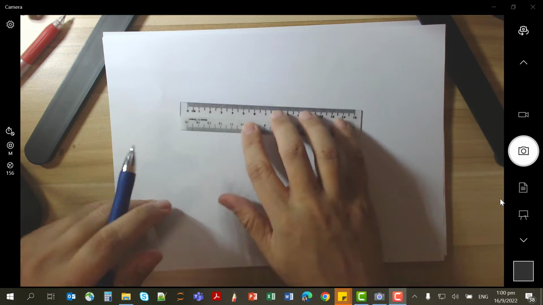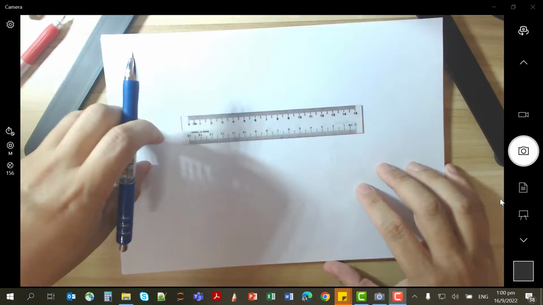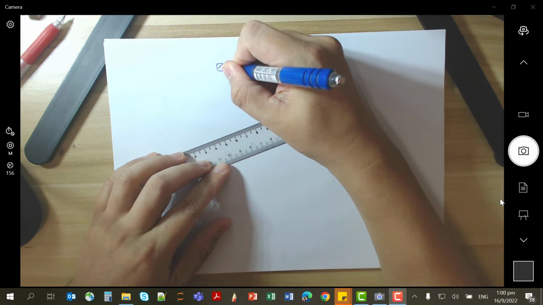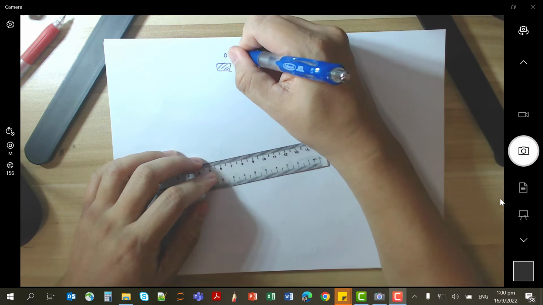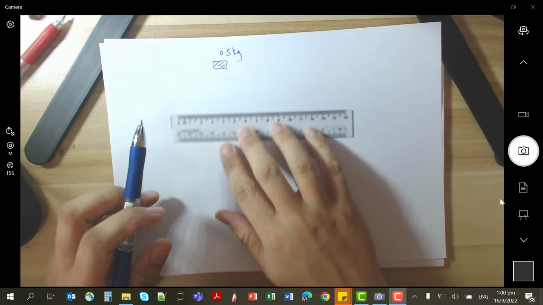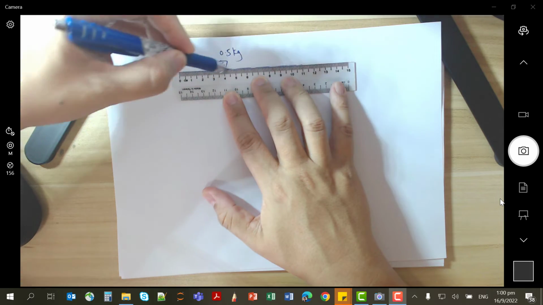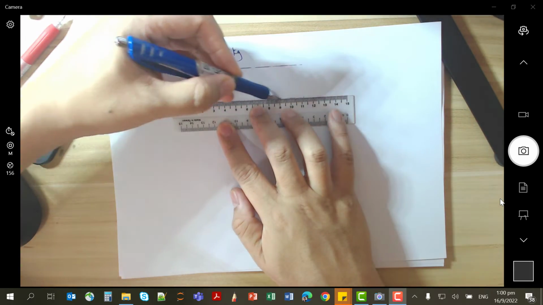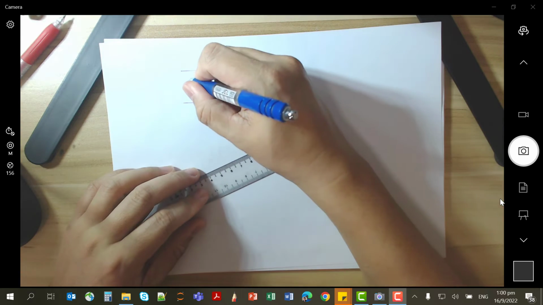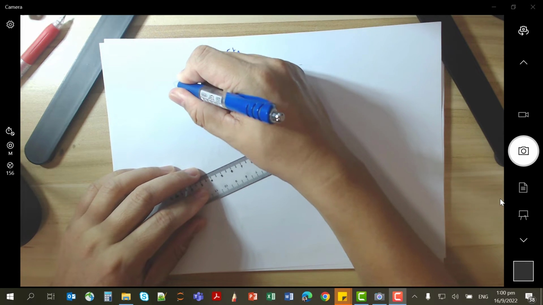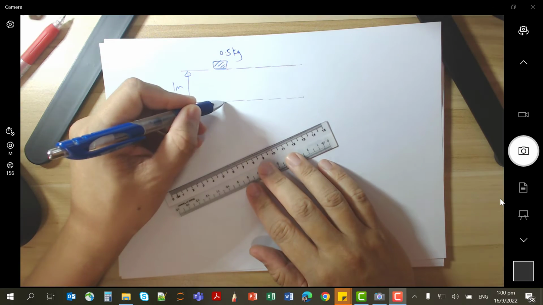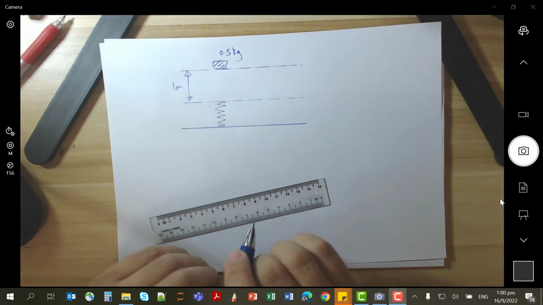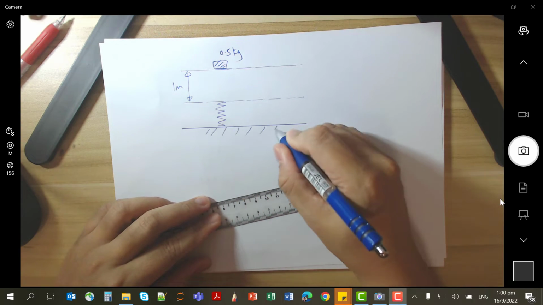You are going to define state 1 and state 2 first. You can start off with a mass. This mass is 0.5 kilo. There is an elevation, a height, and below it there is a spring, which is 1 meter below. The spring is going to rest on a surface.